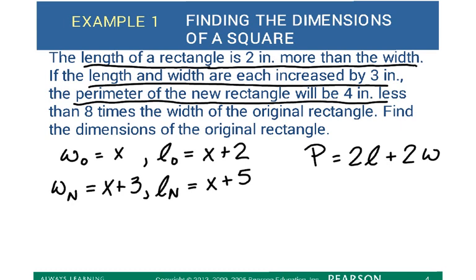And we have information about our new perimeter, but no information about our original perimeter. So what we have to do is plug in our new width and our new length into this formula. And what we're going to end up with is, I'm going to call it our new perimeter.